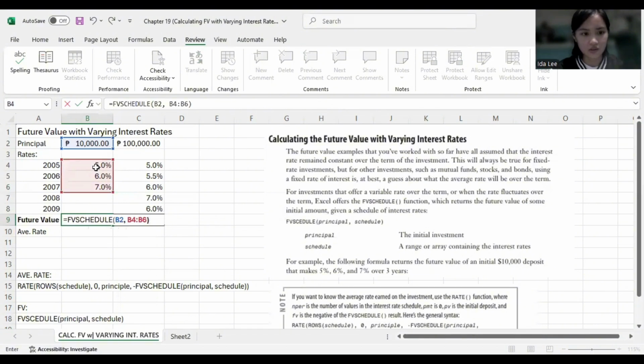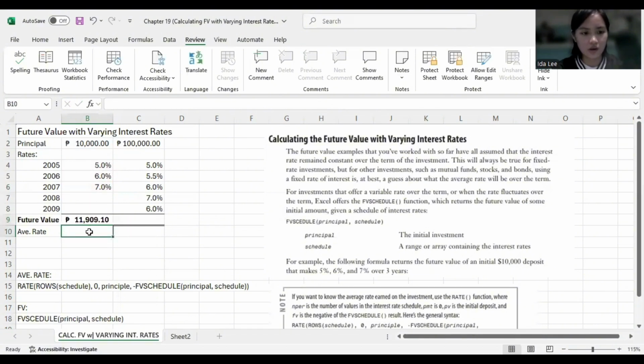Close that, enter, we will have the result of 11,909.10 pesos.